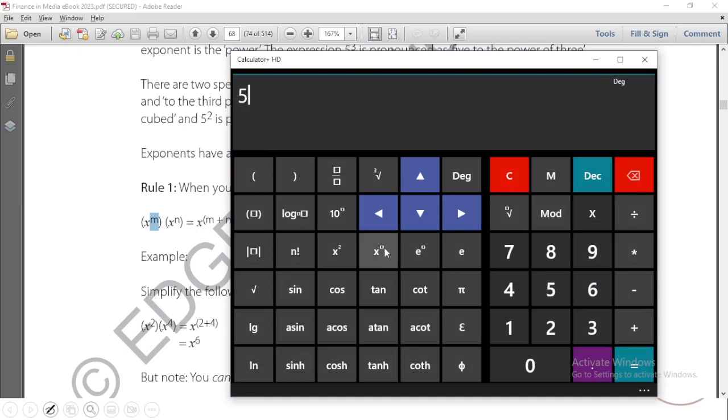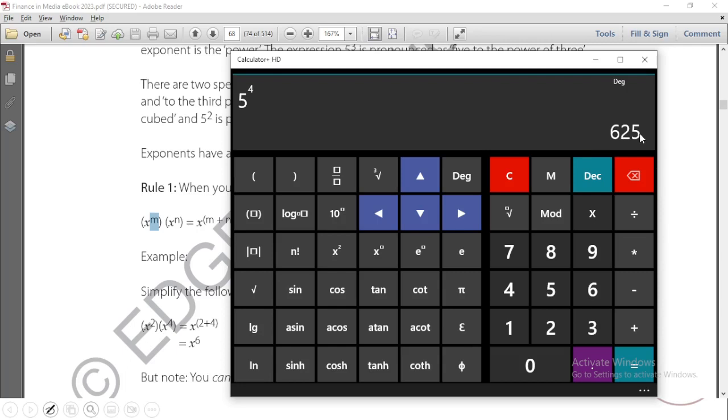So if we said 5 squared multiplied by 5 to the power of 4. 5 squared is going to give you 25. But 5 to the power of 4 is going to give you another answer, which is 625.